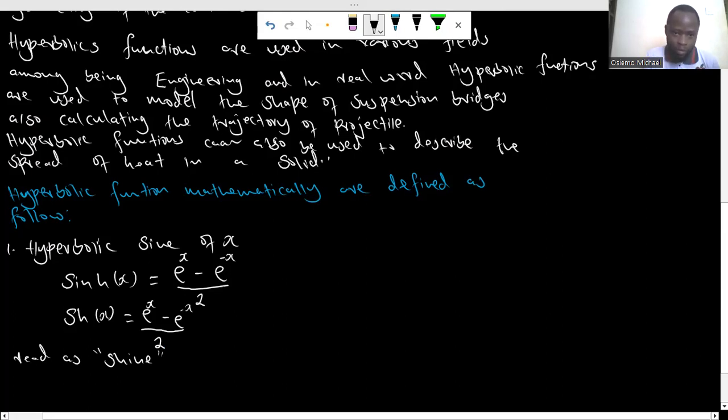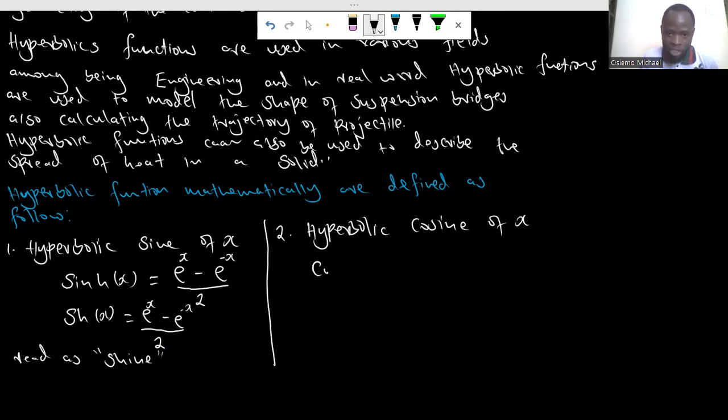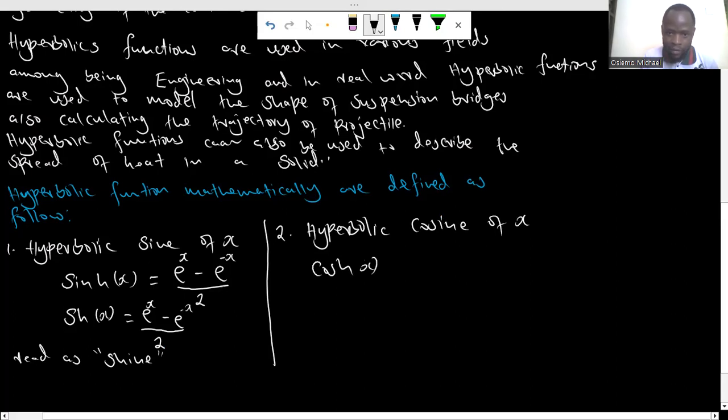Then number two, we have hyperbolic cosine of x, which we write as cosh of x, equal to exponential x plus exponential negative x, all over 2.